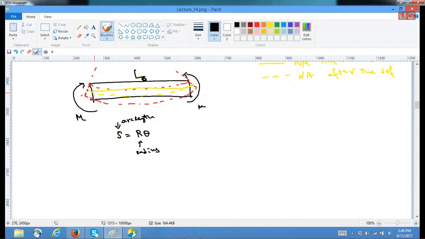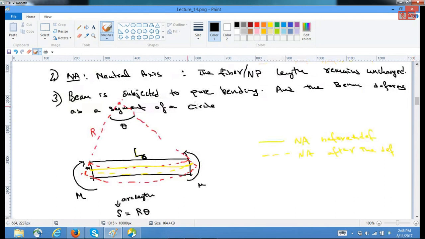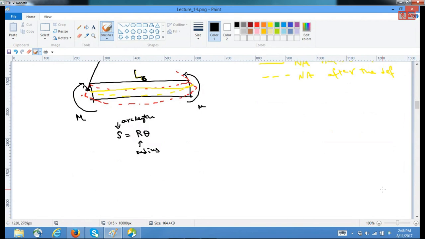Now let's say from here to the center of the circle, from the neutral axis to the center of the circle, this distance is R. And let us find out, at a distance y from the neutral axis, at a height. So this is your cross section.